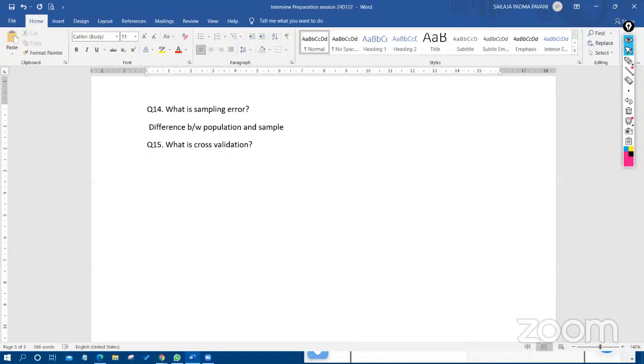Okay, in machine learning, till now we are discussing something like validation. We have cross validations and all. What is cross validation actually in machine learning?